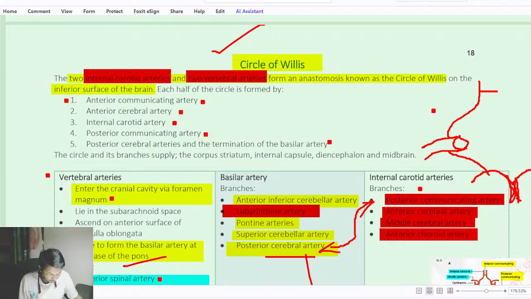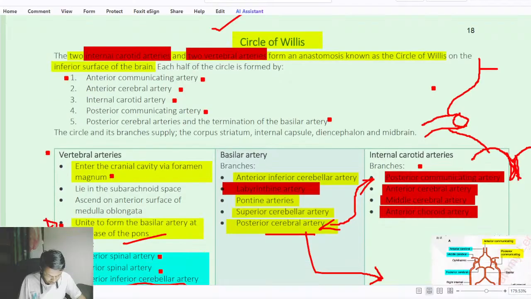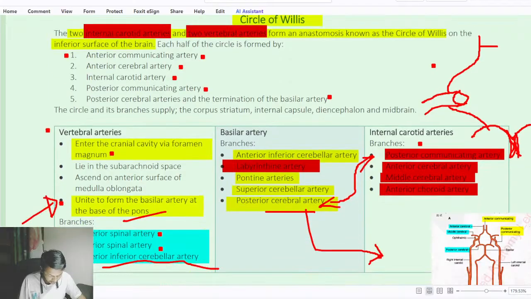Both of you can explain the circle of Willis. How it forms? You go first. The vertebral arteries, arising from both sides, form the basilar artery.